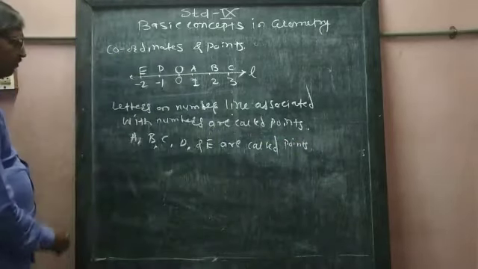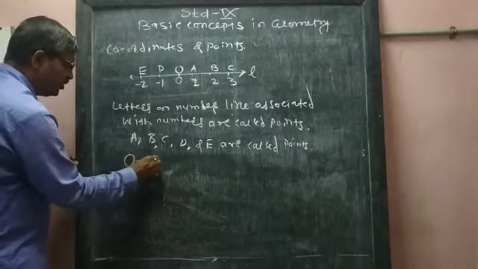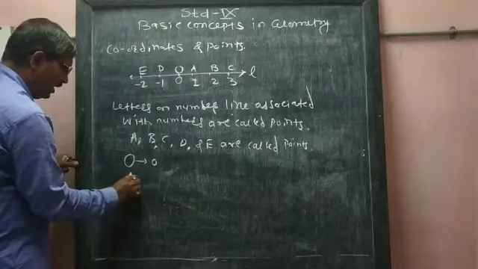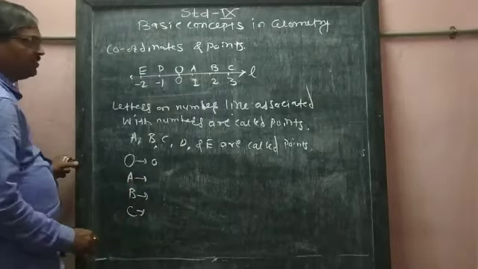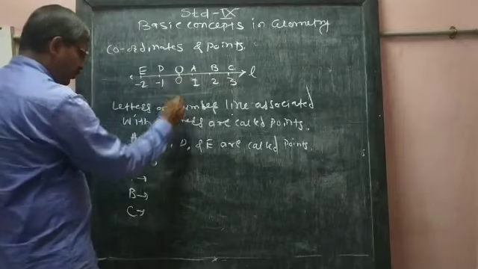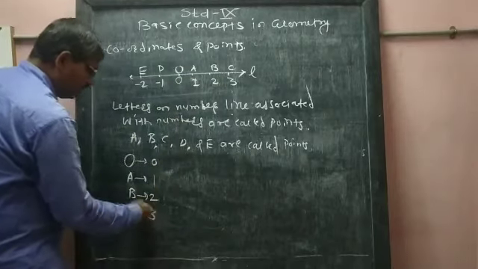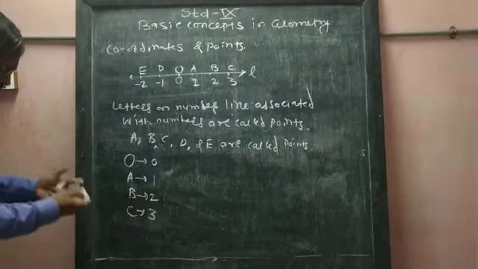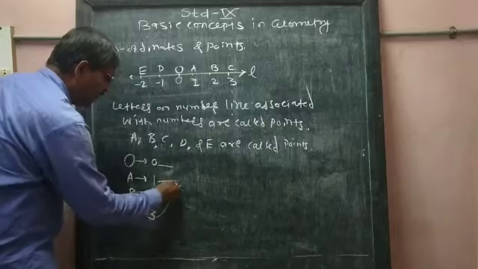Now here O indicates 0. A, B, C: every point denotes a number. A denotes 1, B denotes 2, C denotes 3. Understand? So 0, 1, 2, 3.